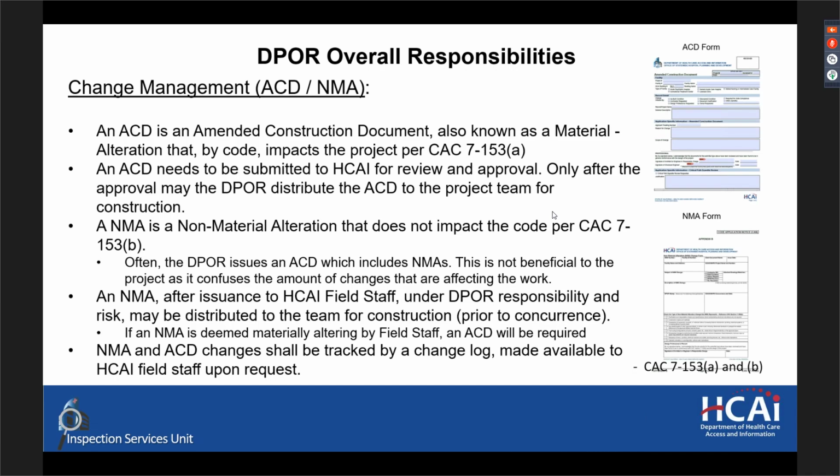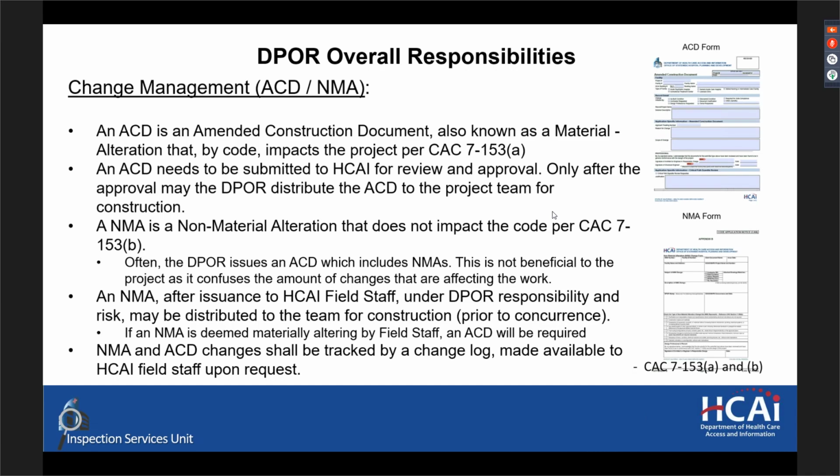An ACD needs to be submitted to HCAI for review and approval. Only after the approval may the DPOR distribute this ACD to the project team for construction. If field staff determines that work has been completed which is not in the approved documents, we will note it in our field visit report and cite this section as an infraction because there's work performed that is not in the approved documents.